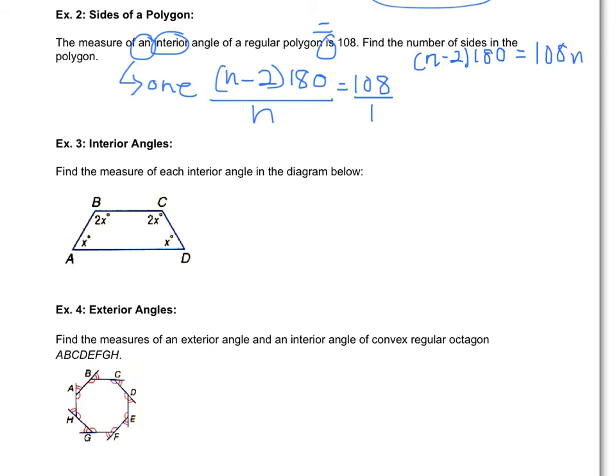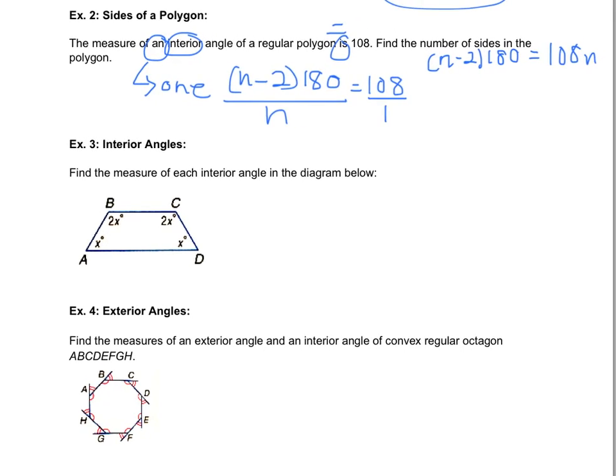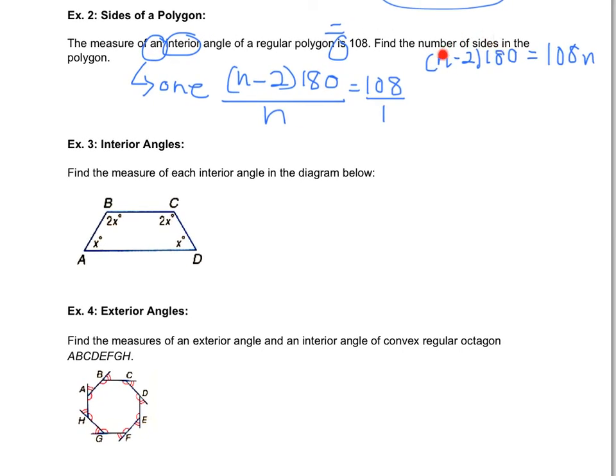Next step I'm going to do here is distribute this 180. Oops, sorry, I'll move that back for you. I meant to distribute the 180 to both parts, and when we do that, we get 180n minus 360 equals 108n.